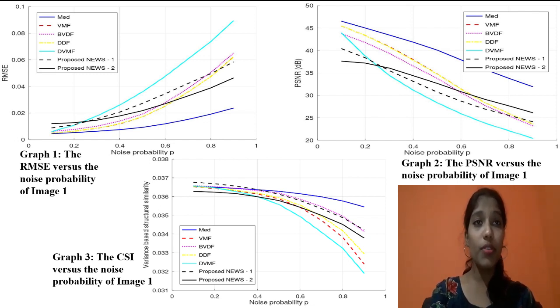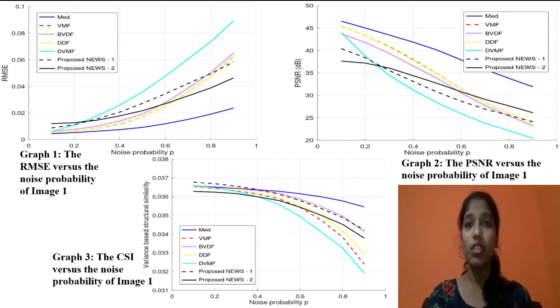It can also be observed that the proposed new directional filtering 1 and 2 variants compare favorably with the conventional methods. The third graph shows the CSI performance versus the noise probability.